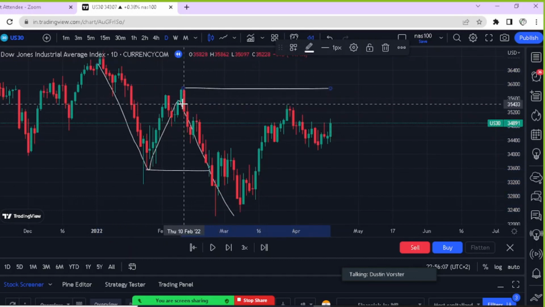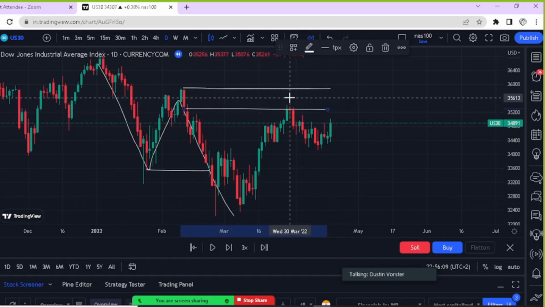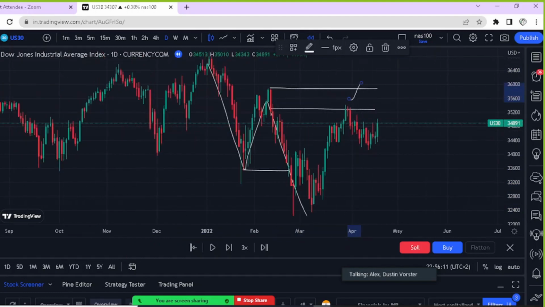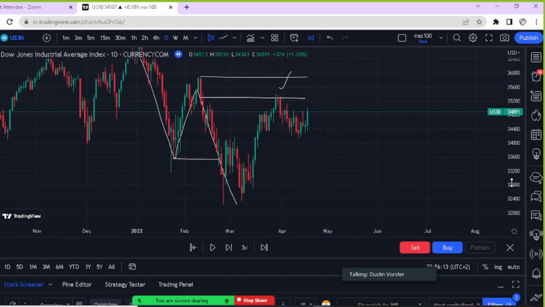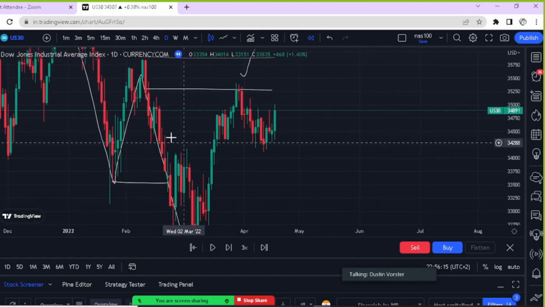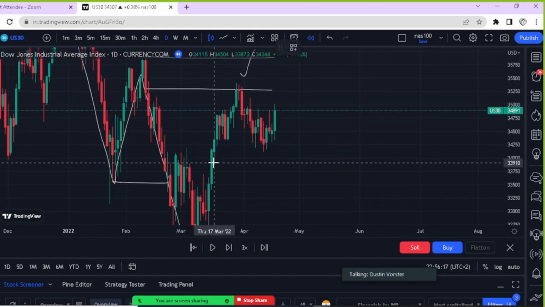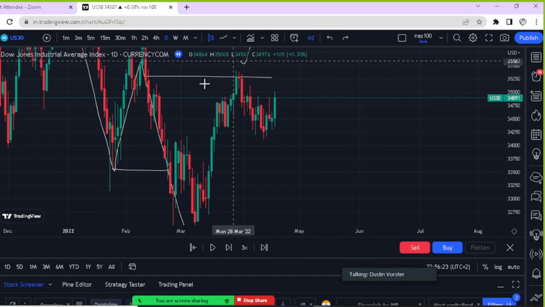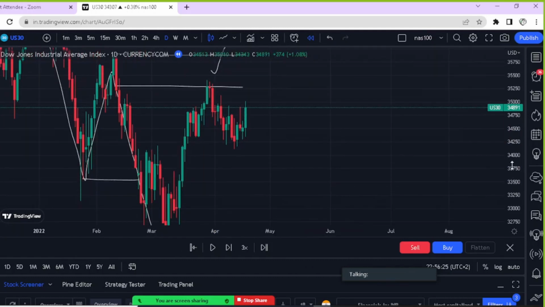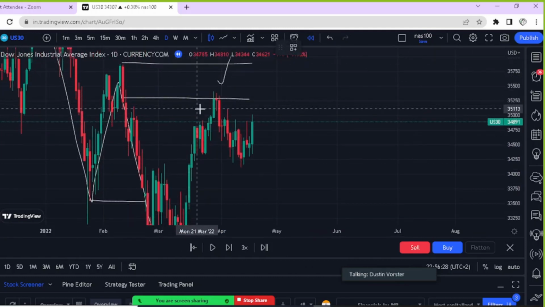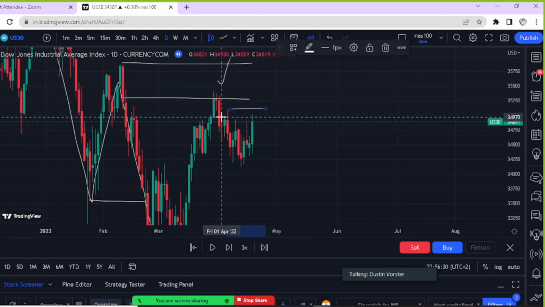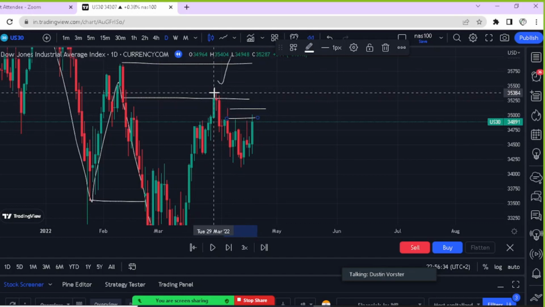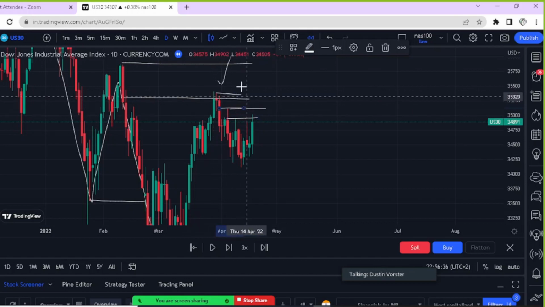We had a supply area which price tapped into over there. We saw a little bit of a reaction, and if you really wanted to, you could say that was a change of character that happened over there, right? Yeah. Okay. Now, this was the supply area that caused this change of character.